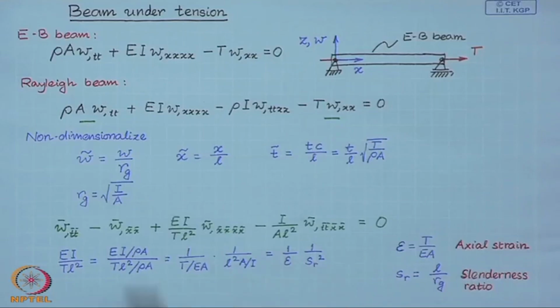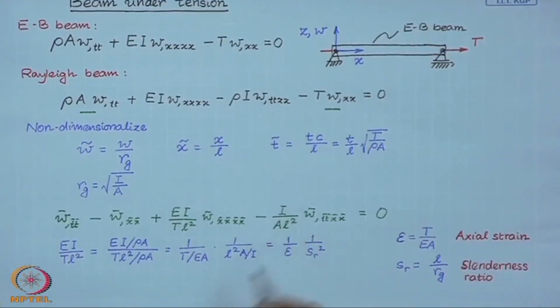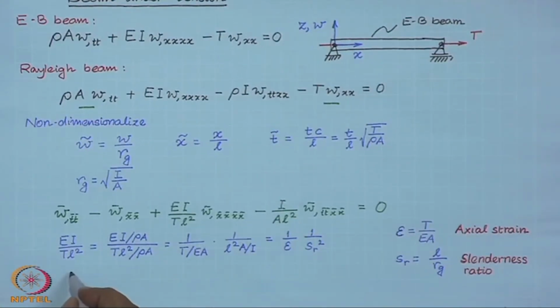Now, this coefficient is nothing but inverse of the axial strain and inverse of the square of the slenderness ratio. Similarly, this coefficient is 1 over slenderness ratio square.